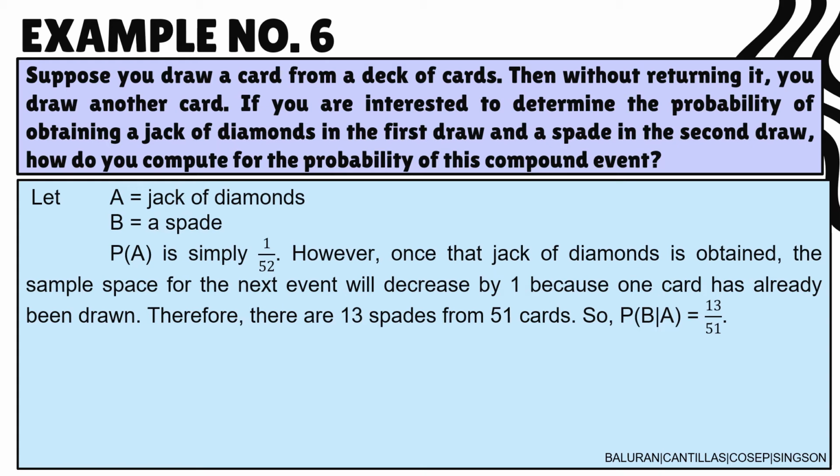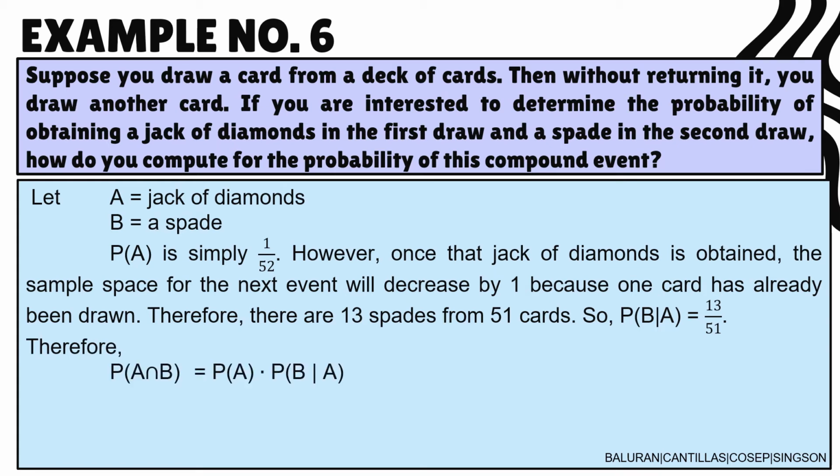The jack has already been drawn. Therefore, there are 13 spades from 51 cards. So the probability of B, given that the event A has already happened, is equal to 13 over 51.